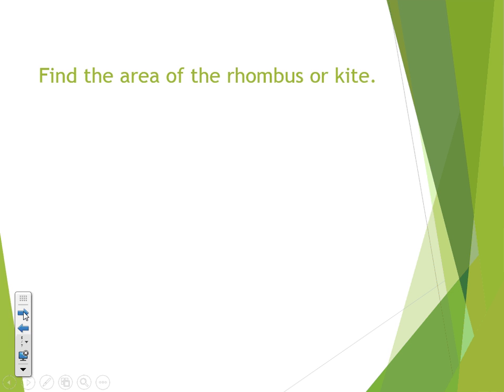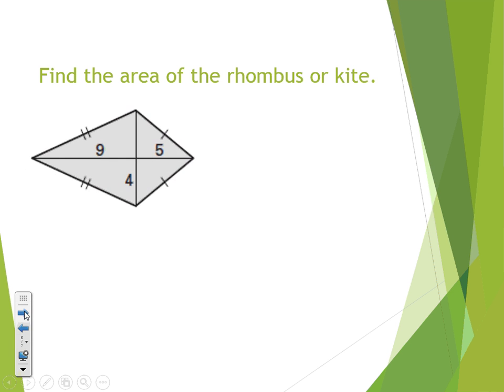Here's our first example. We need to find the area of the rhombus and the kite. So we're going to start here with a kite. We know it's a kite because we know that two disjoint pairs of sides are congruent. Now to find area of a kite, we're just going to take 1/2 diagonal 1 times diagonal 2. So area equals 1/2.